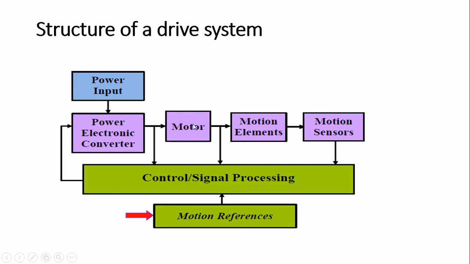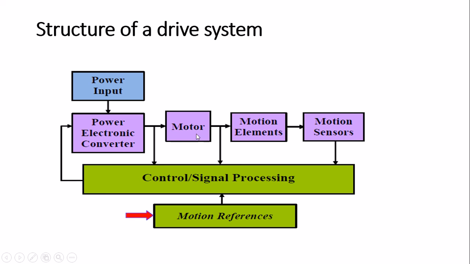When the load is AC and the input is DC, the converter converts DC to AC. When the load is DC and the input is AC, it converts AC to DC. As per the requirement, the power electronics converter converts the input signal.